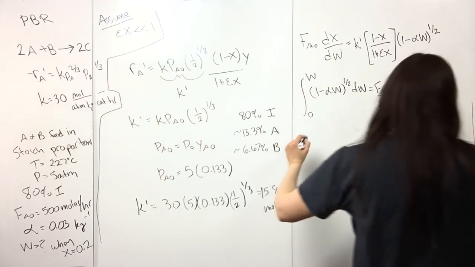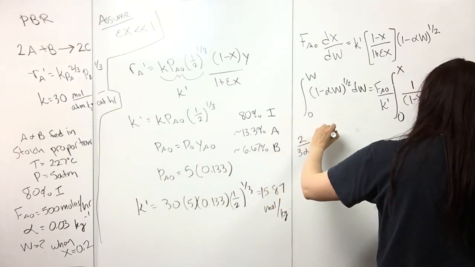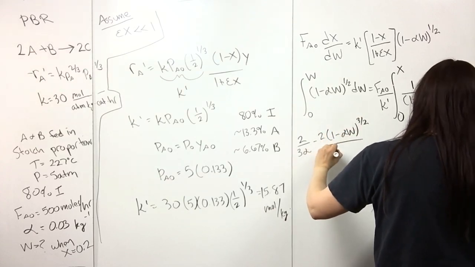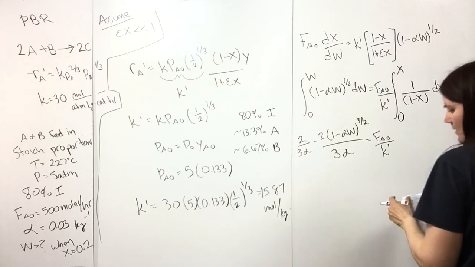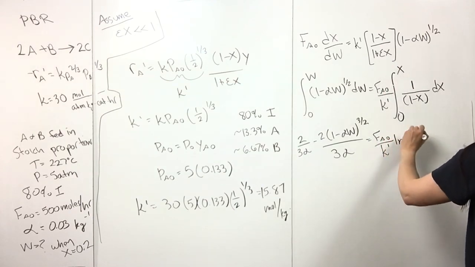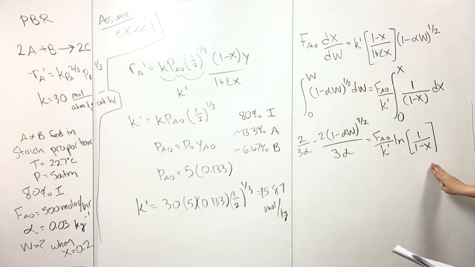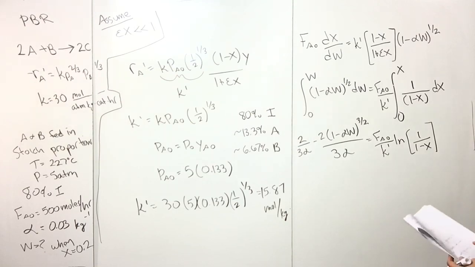So this side is still the same when you integrate, so you get 2/3 alpha minus (1 minus alpha W) to the 3/2 over 3 alpha is equal to FA naught over K prime times the natural log 1 over 1 minus X. And even with this step, if you go back to the equation that I had derived earlier with the 1 plus epsilon X, if you just set the epsilon X to 0 in that equation, you also end up with this one.